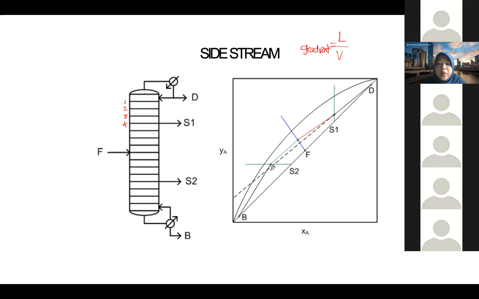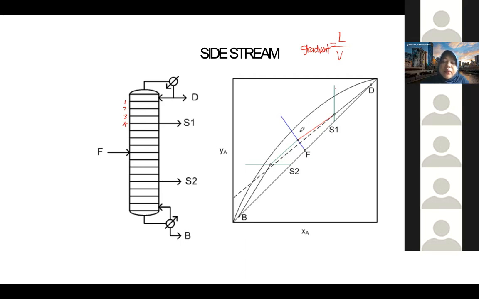I want to take maybe half of the vapor, for example, and we took out the vapor, and then it's up to maybe this point, and then we can connect those two points to get that one. Yeah, so the influence of side stream is that it will affect the gradient of the operating line.